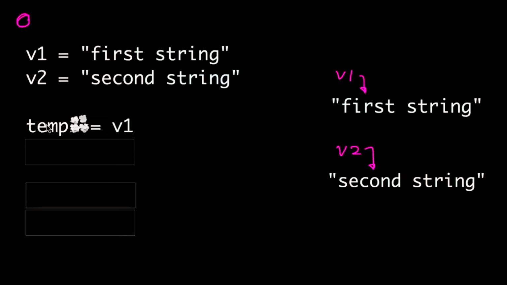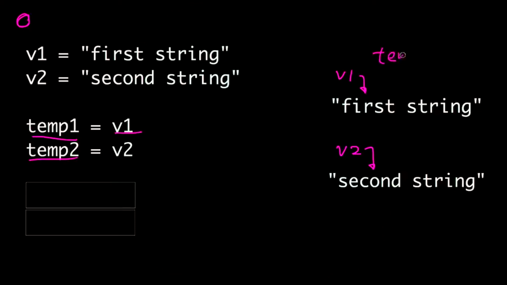The first option is to use 2 temporary variables. We're going to call them temp1 and temp2. Temp1 will be equal to what v1 refers to, so that's first string, and then temp2 will be equal to what v2 refers to, which is, of course, second string, and then we'll just need to swap them together.